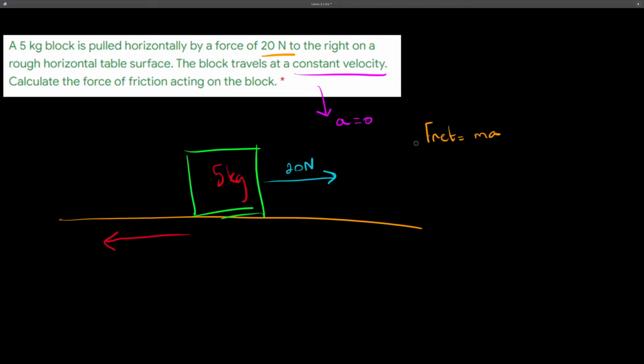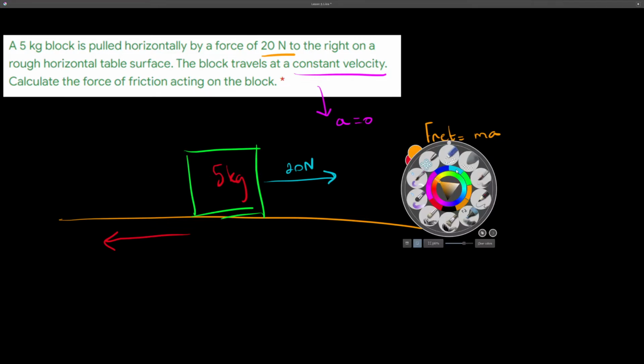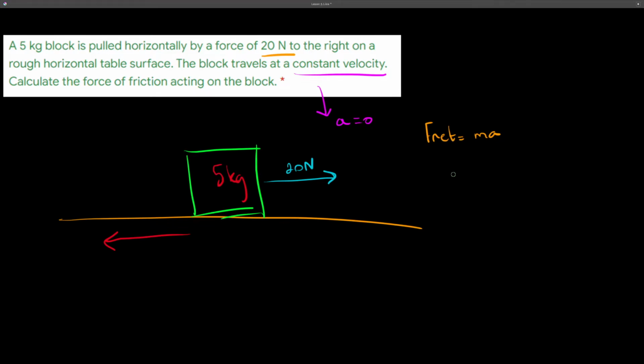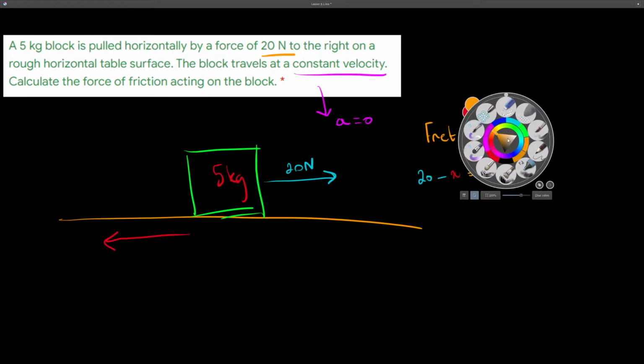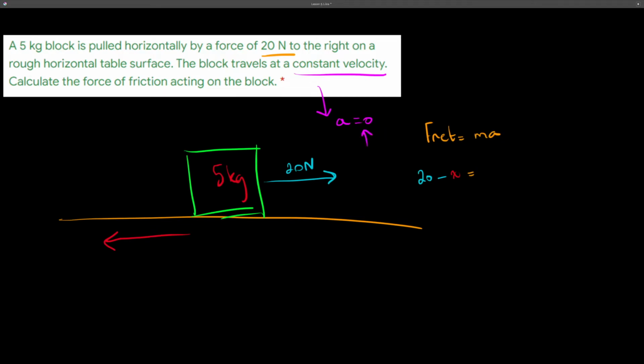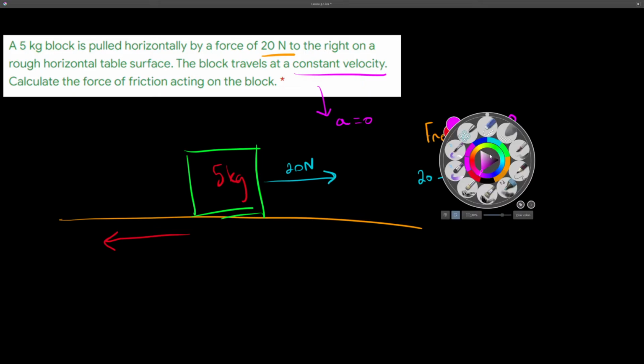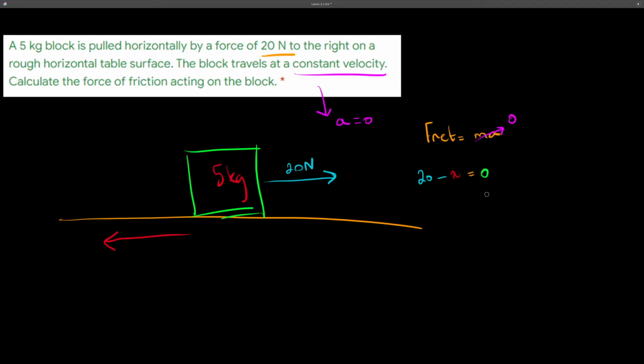Now we know that F net has 2 different forces, so we can say 20 going to the right, so plus 20, minus this force that we do not know, minus force x, is going to be equal to mass times acceleration. But acceleration here is 0, right? So this crosses out, and it's equal to 0.